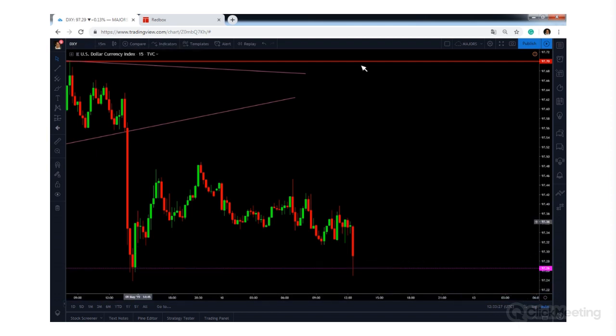As you can see here, we tested the 97.25 level, and right now at the open of New York, we tested it again, but buyers were found, and we are moving up. So that big bearish move was nothing. It meant nothing unless we break the previous low and have a clear close below the 97.25 level.